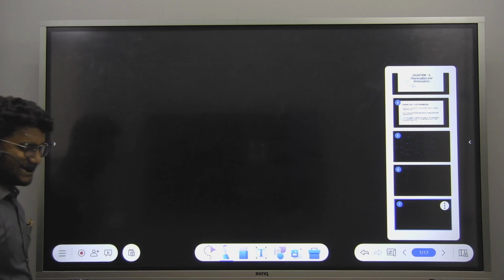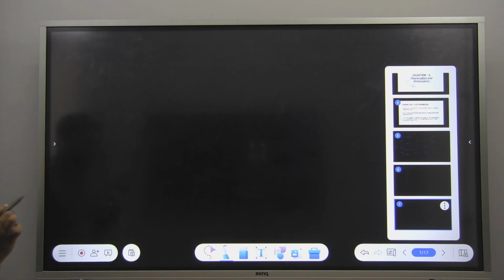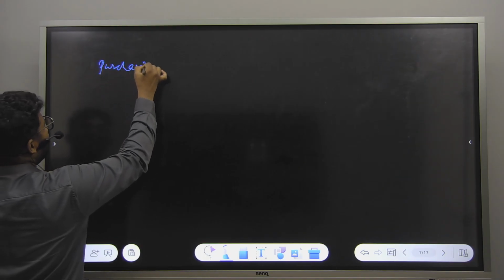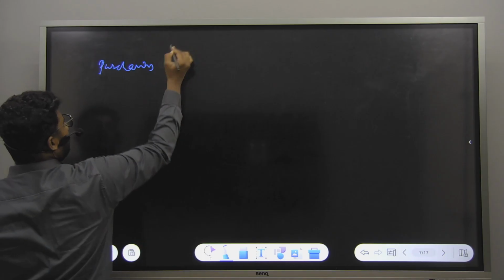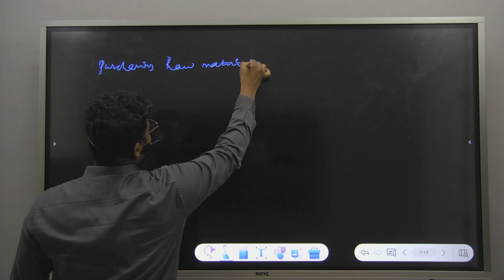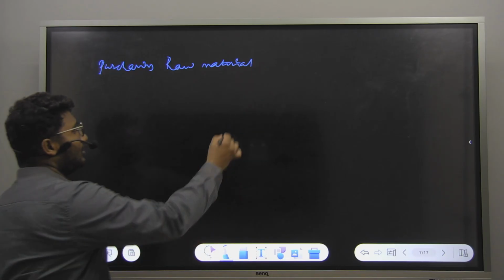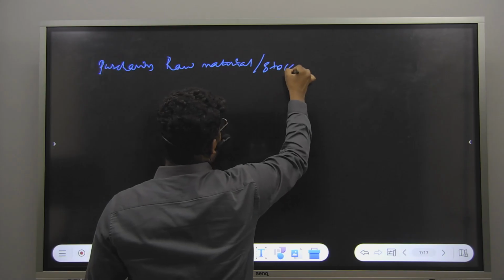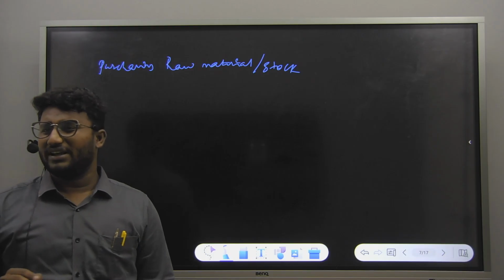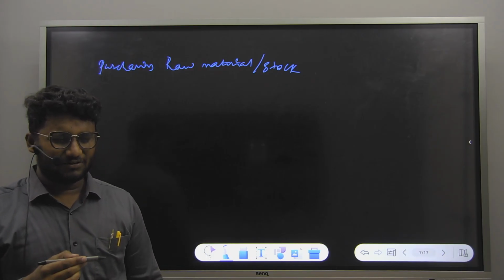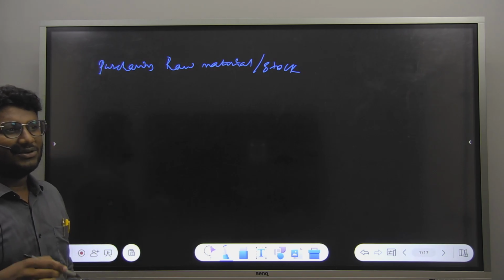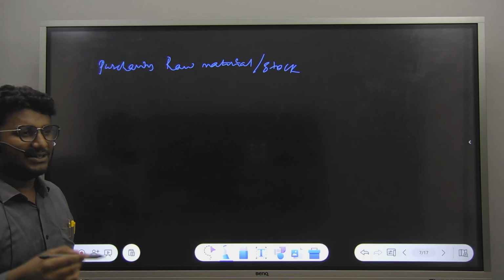Okay, let's see how it works. See, when the company is purchasing, for example, raw material or any stock or any kind of inventory, that will be used for day-to-day purposes.